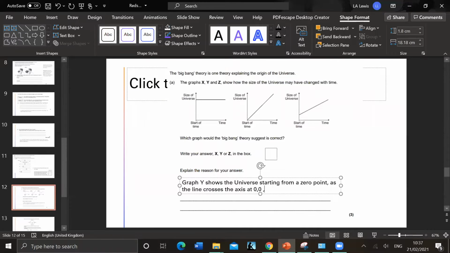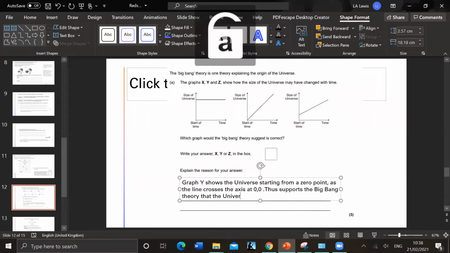So this supports the Big Bang Theory that the universe started from a single point.